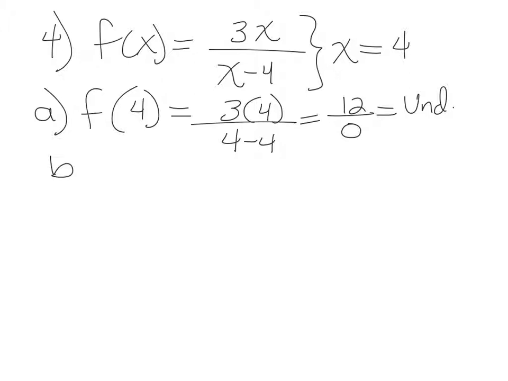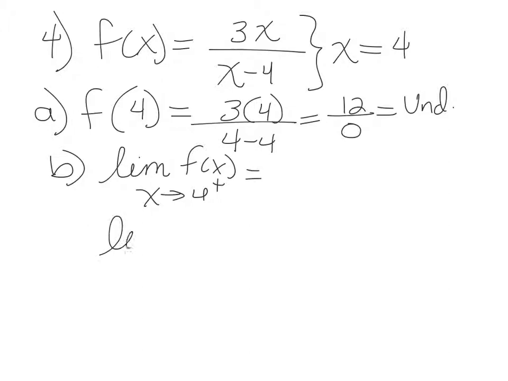Then part B is when we have to find the behavior. So the limit of the function, what's going on with the function, at x equals 4 from the right, and the limit of the function at x equals 4 from the left.